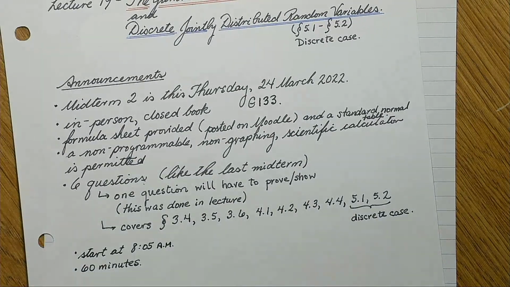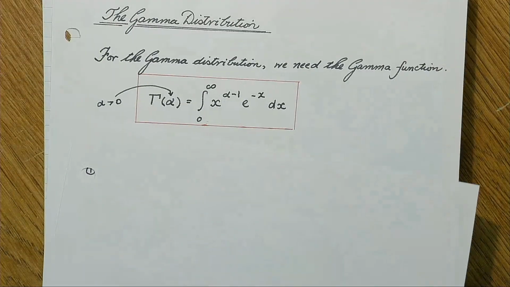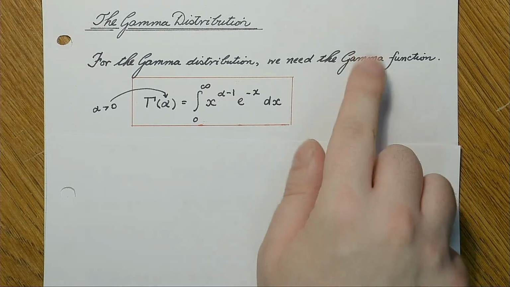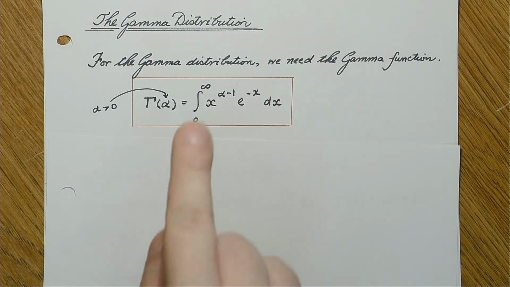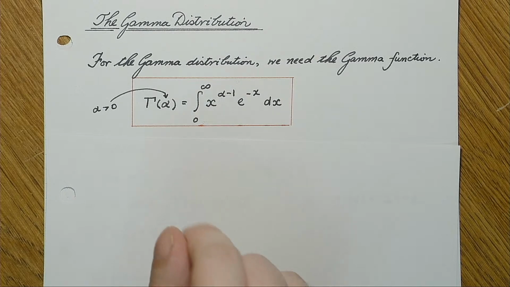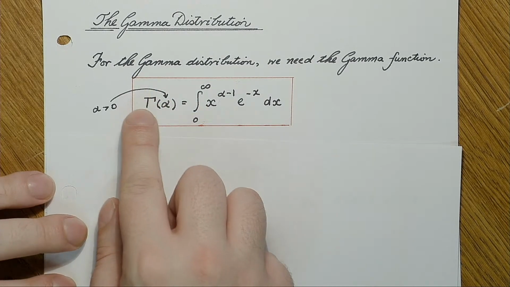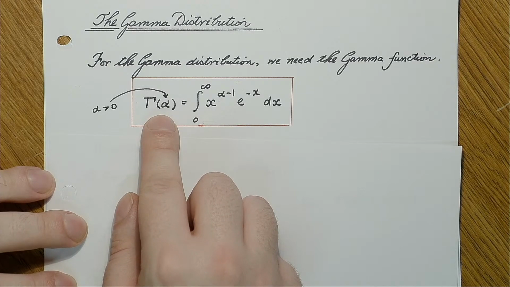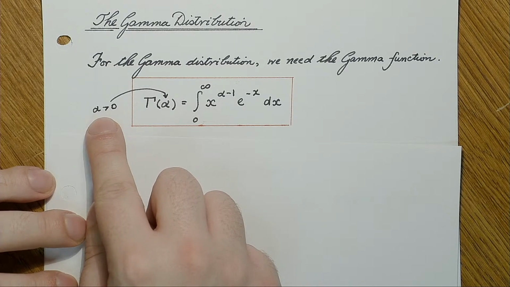So, we have to cover some material today. The first thing is we're going to talk about the gamma distribution, but before we get to that, we have to talk about the gamma function itself. It's a function that keeps popping up in calculus, and here's the gamma of alpha, where alpha is the parameter, which is greater than 0.